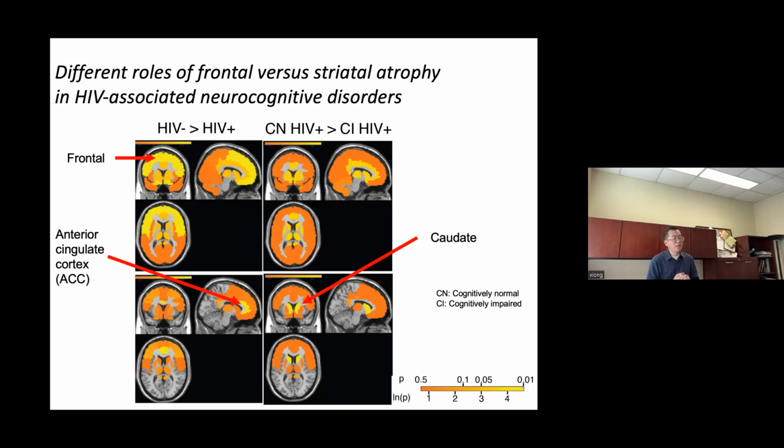So here, at least based on what we found with structural MRI, of course the limitation is that we only look at structural MRI, it suggests that frontal injury is probably most prevalent in the patient population, including the ACC region. But when they are at a more advanced stage of disease, the subcortical region might still play a more important role here.